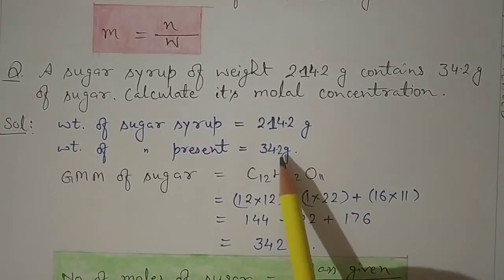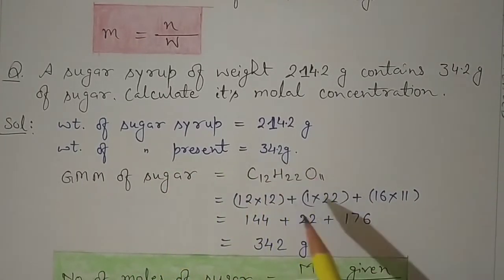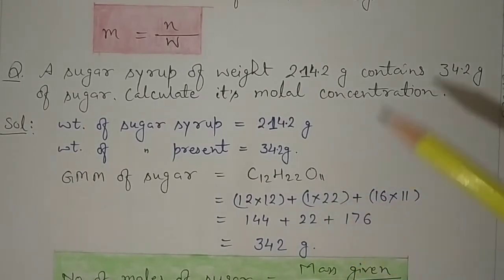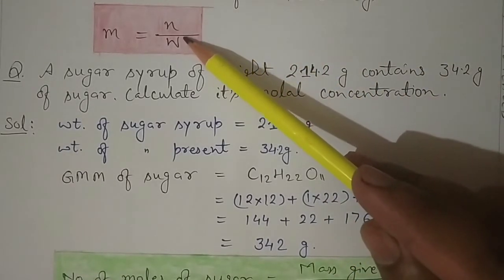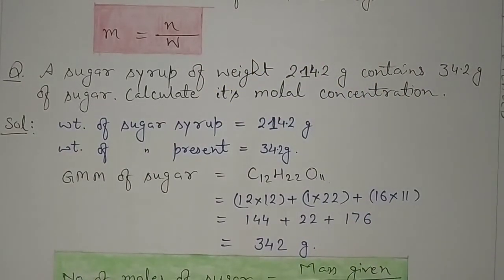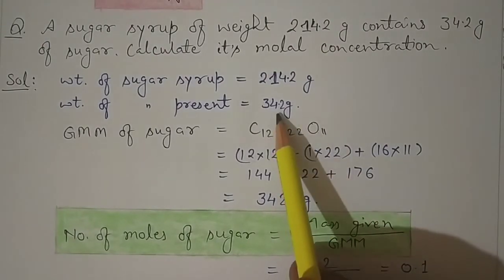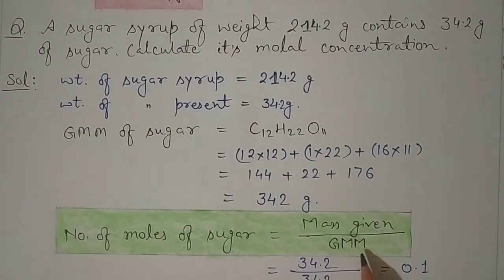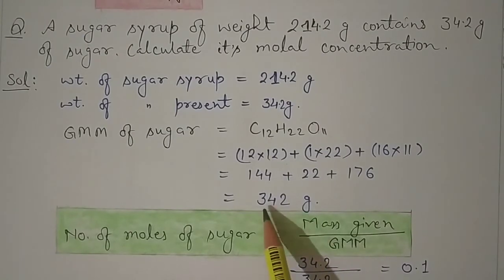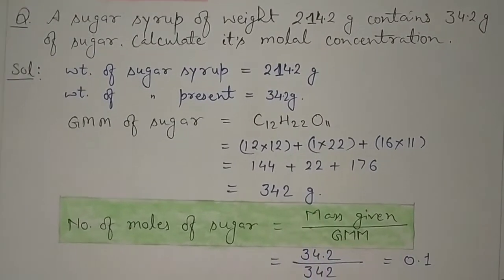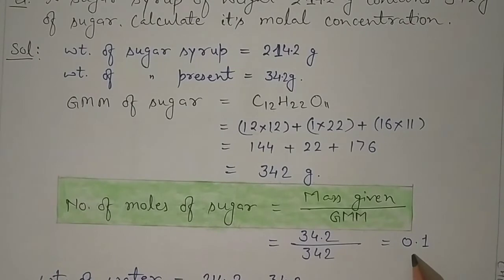Because the mass of sugar is given to us, but the number of moles is not given, and in the formula we require the number of moles of sugar as solute. The number of moles is mass given upon gram molecular mass. So mass given is 34.2 gram and gram molecular mass is 342 gram. When you divide these values, you easily get 0.1.